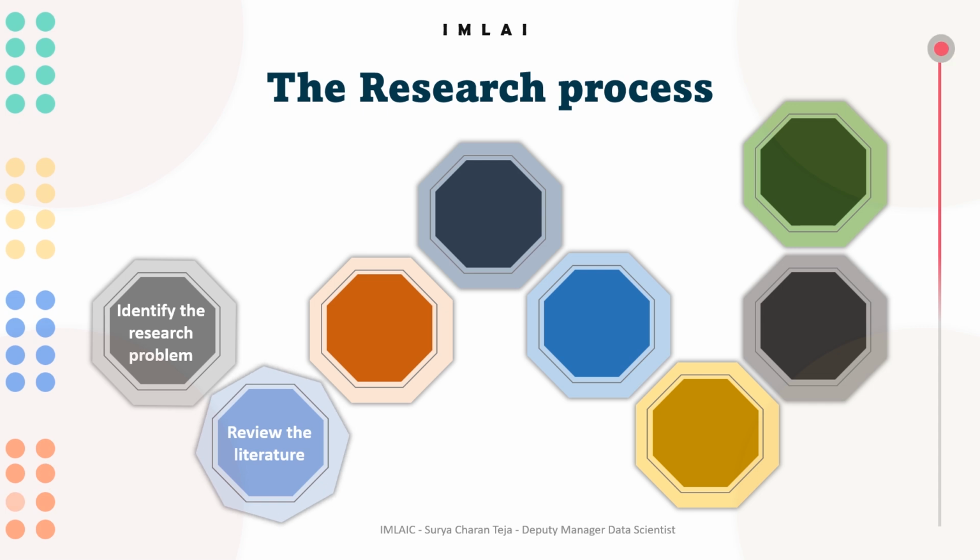That's what is called reviewing the literature. We will be looking for the existing research that has been done so far. This can be called using somebody's literature for our research. It can also be called secondary research.